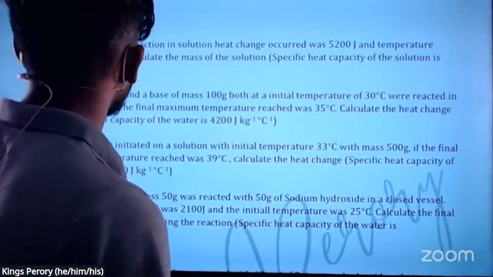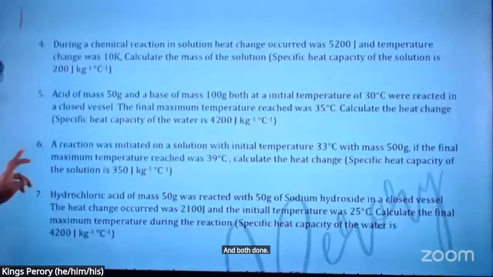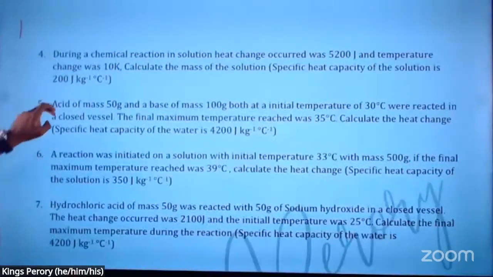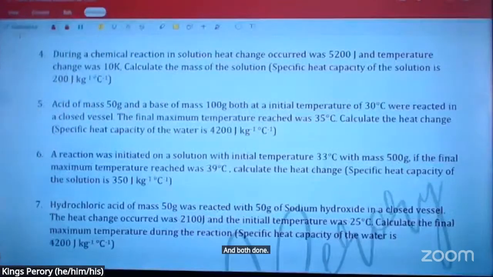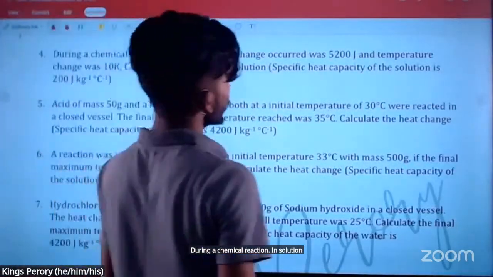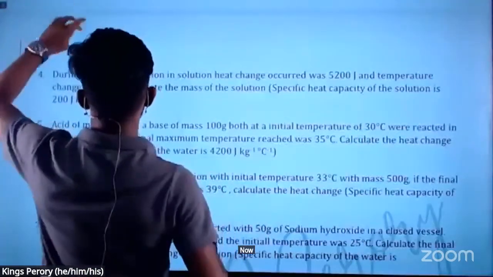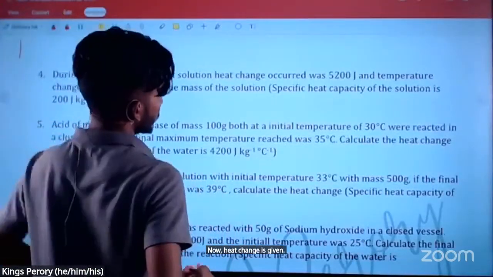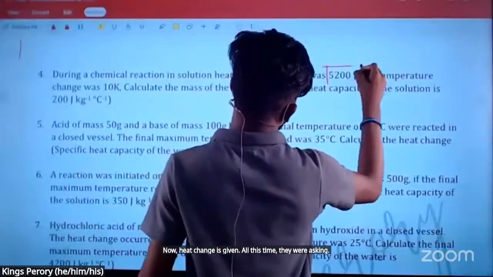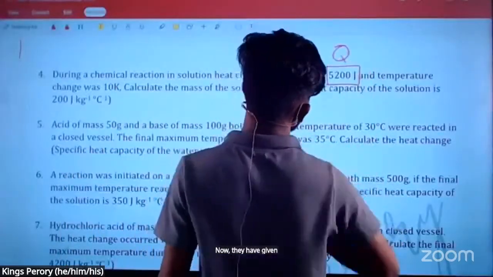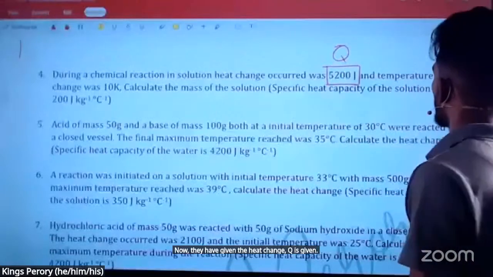Done. Both done. During a chemical reaction in solution, heat change occurred was... Now heat change is given. All this time they were asking, now they have given the heat change. Q is given, 5200 joules.